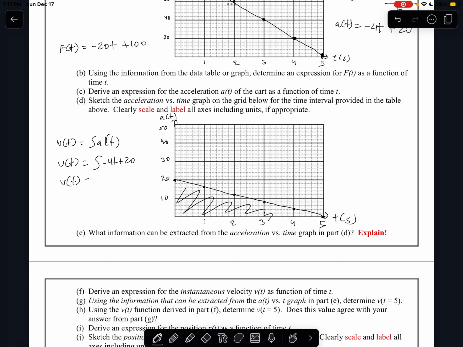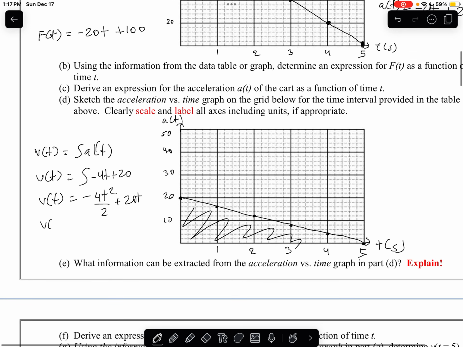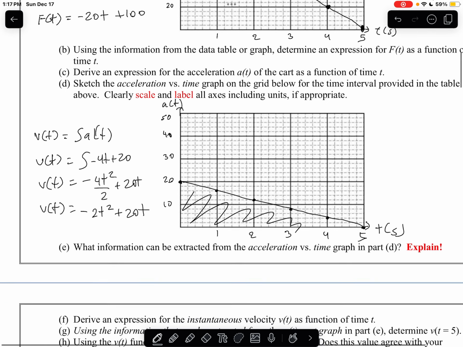That's going to be negative 4t squared over 2 plus 20t. And since you didn't say anything about initial velocity and initial position, they're both going to be 0. So v of t is going to be negative 2t squared plus 20t.